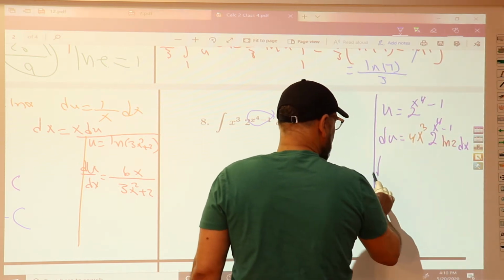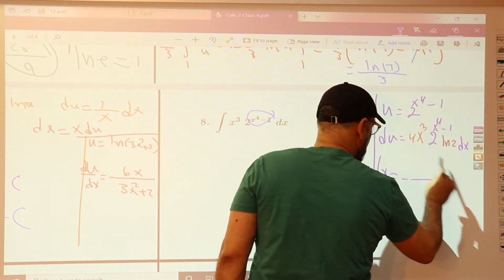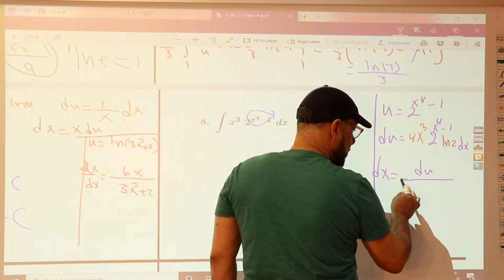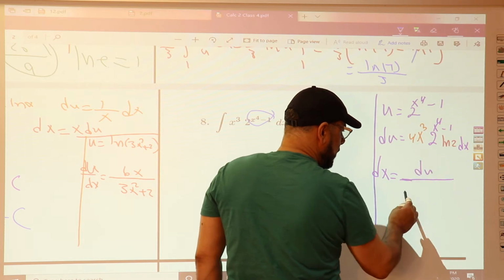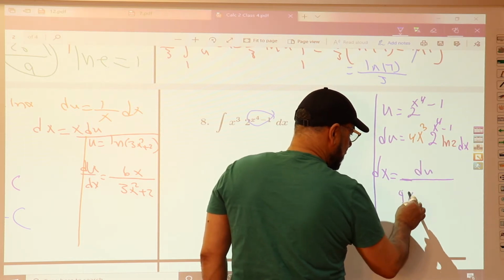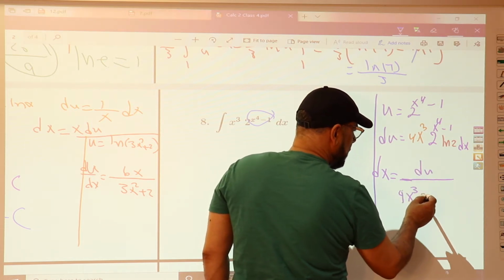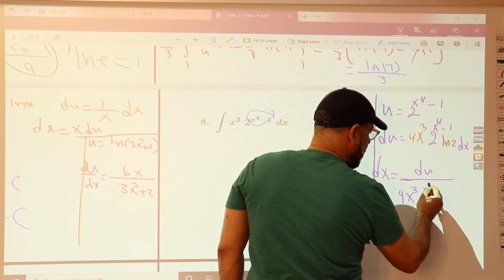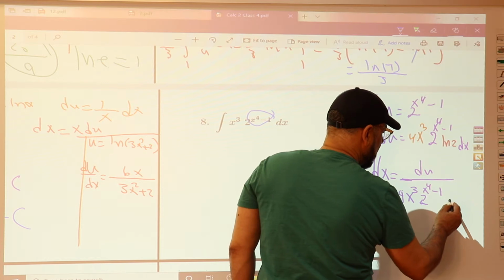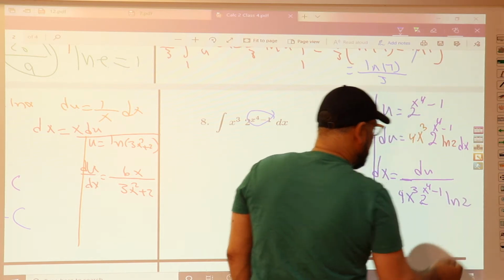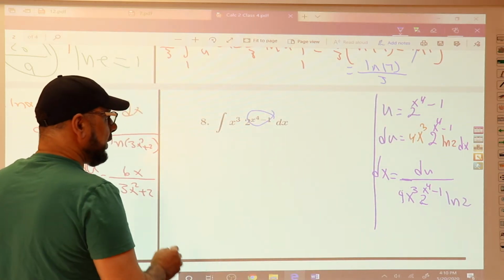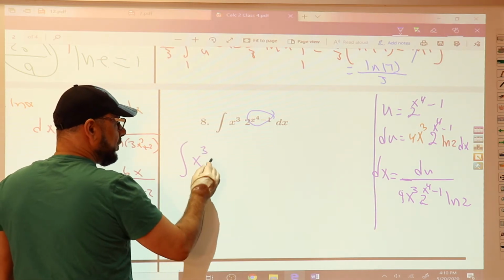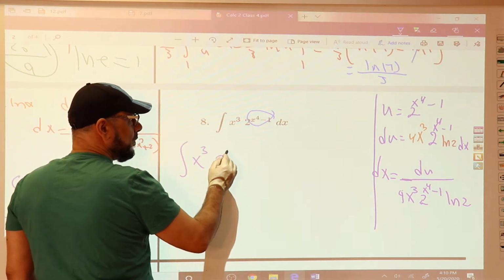Then dx equal all this, you see, the du over 4x cubed 2 to the x to the 4 minus 1 ln 2. Then here x cubed 2 to the u.